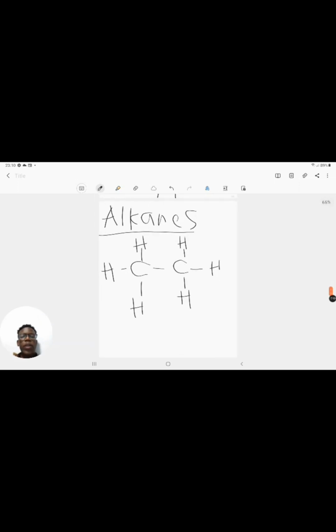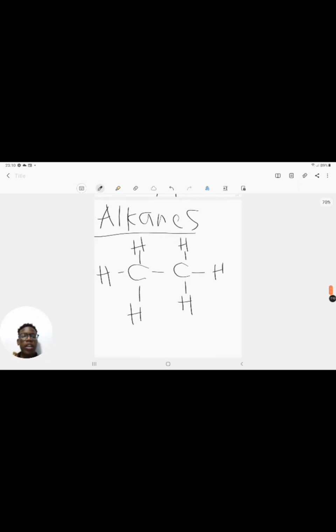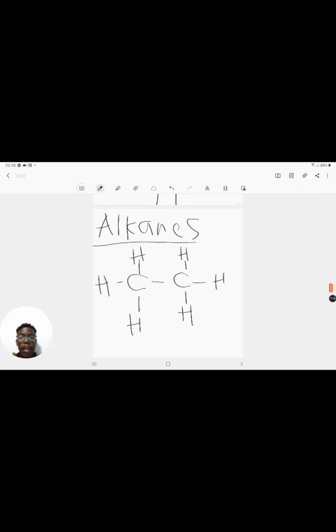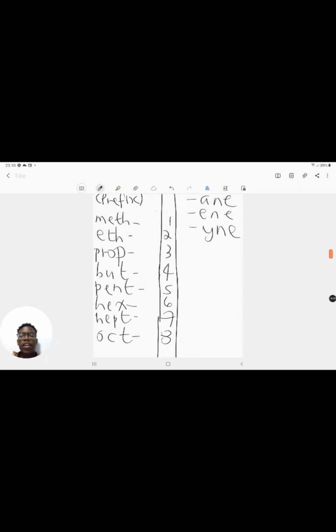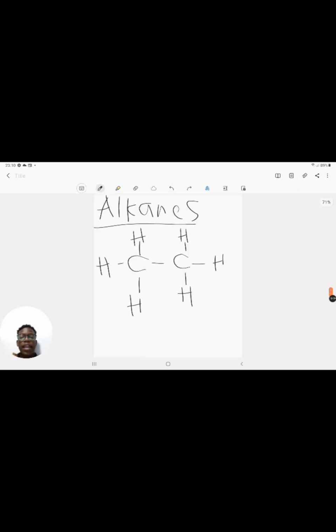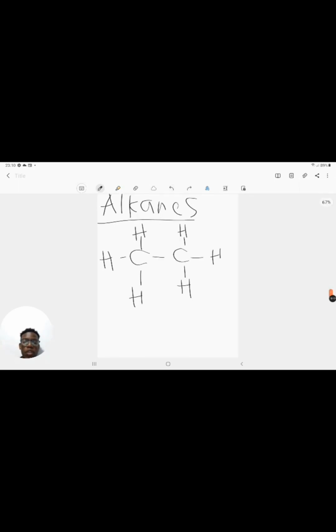Here's what you do. Now we can apply the rules that we have on our first page. Firstly, what aliphatic group does this compound fall under? It falls under alkanes, so it will have the surname ane. I'm just going to write the surname, ane, because it falls under alkanes.